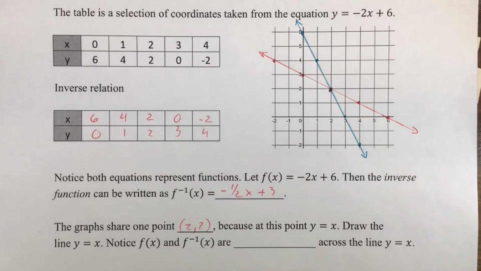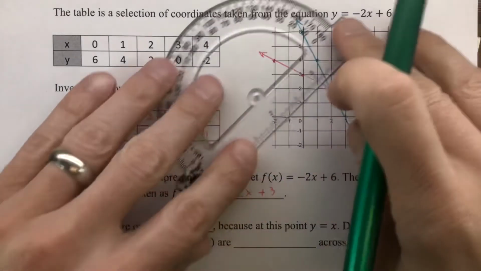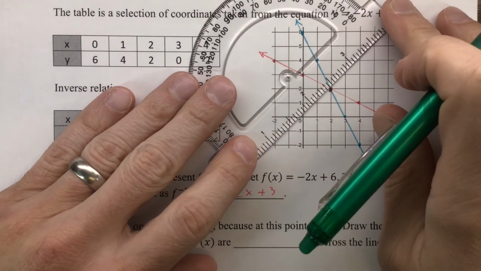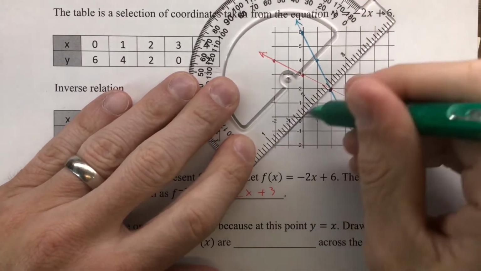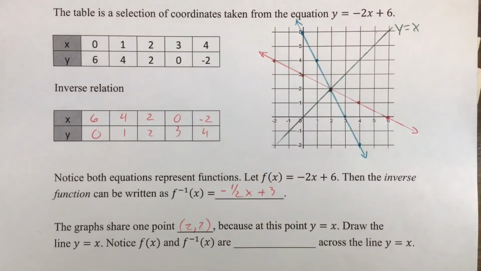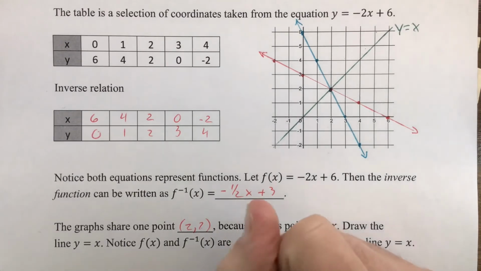One additional thing we can do to highlight this, we can actually draw the line y equals x, which is going to be that perfect diagonal with a slope of 1. And you'll notice that f of x and the inverse of f of x are actually reflections across that line.